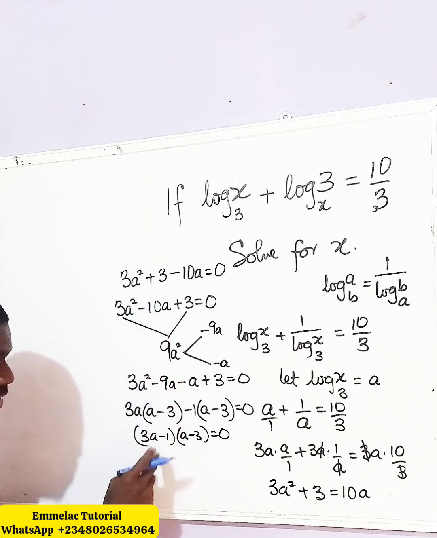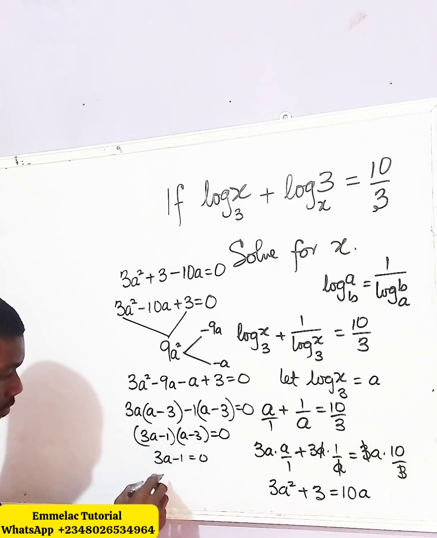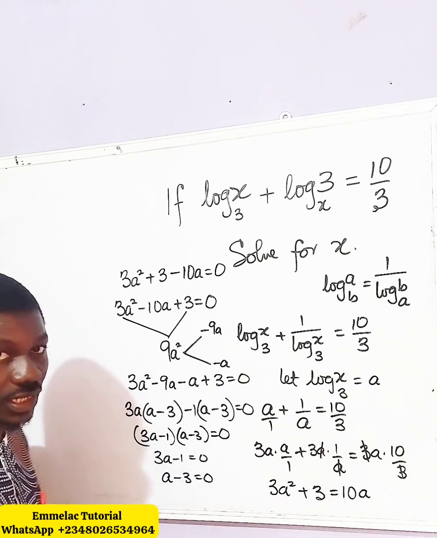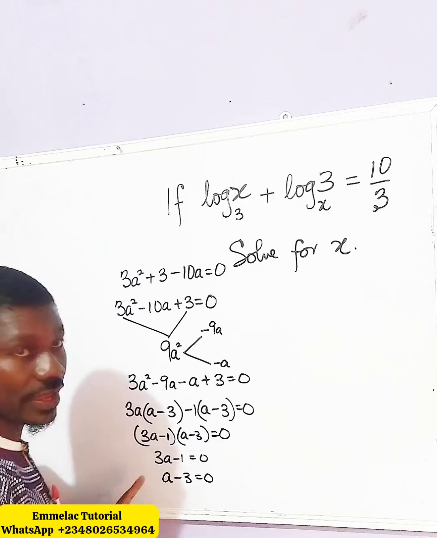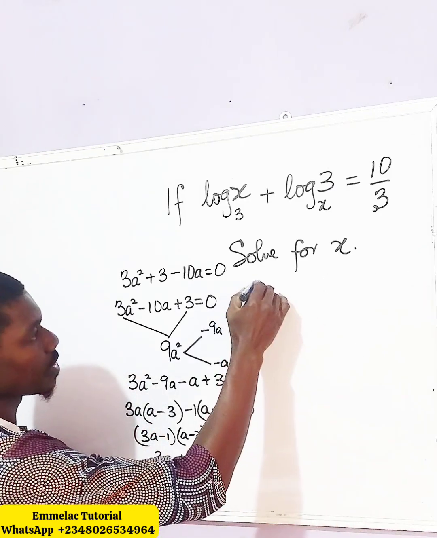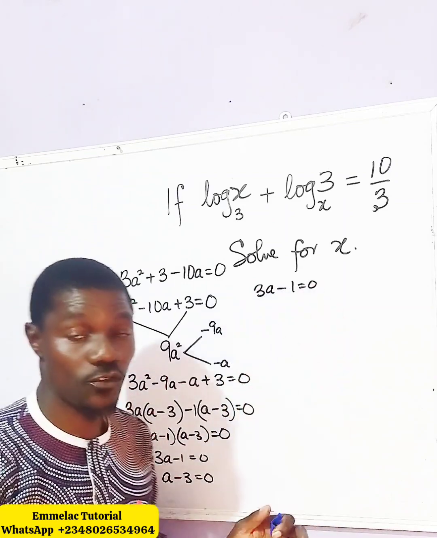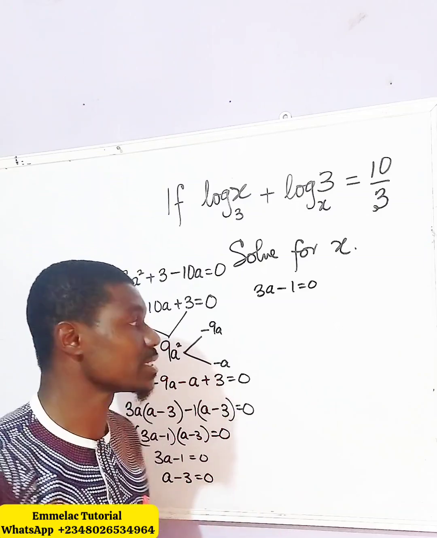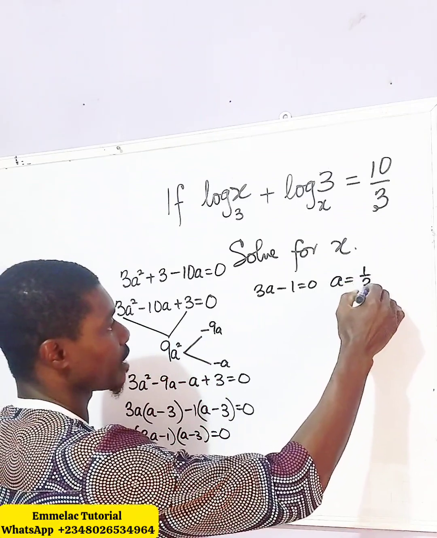At this point, since the product of the two terms equals 0, we can equate the two terms individually to 0. Take note, we are looking for the value of a. From 3a minus 1 equals 0, if you add 1 to both sides and divide by 3, a becomes 1 over 3.